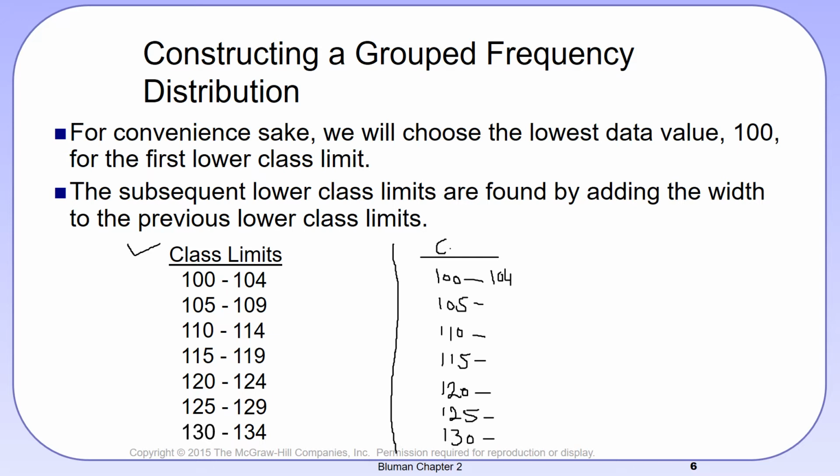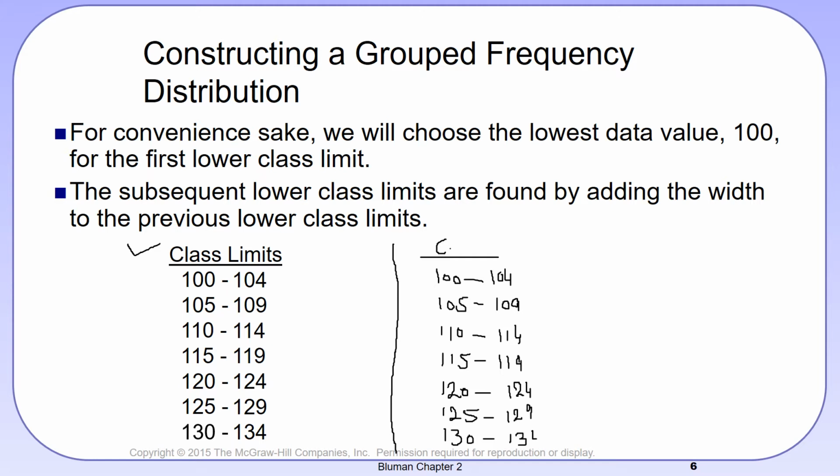Now 104 plus 5 becomes 109, then 109 plus 5 becomes 114, and similarly 119. Then 124 plus 5 becomes 129, and at the end we have 134.